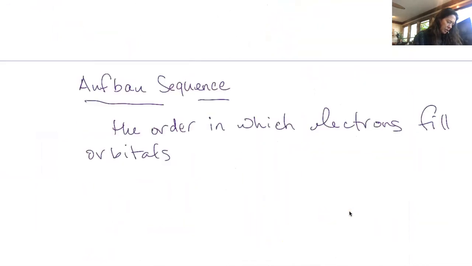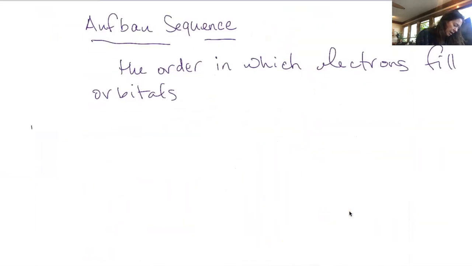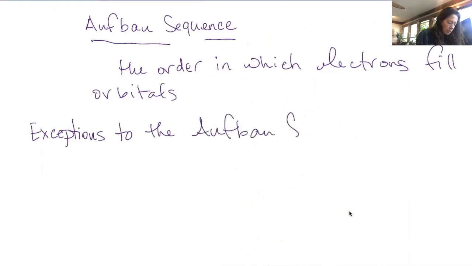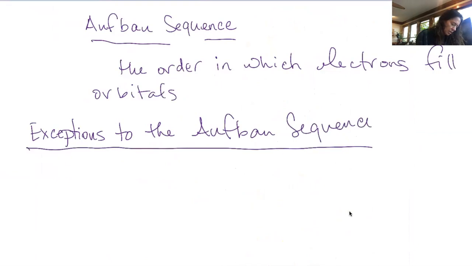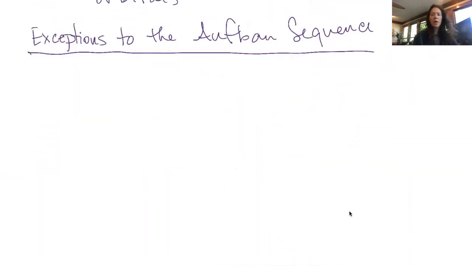Now, the next thing we're going to talk about are the exceptions to that rule. These are the exceptions to the Aufbau sequence. There are ways for scientists to measure where these electrons are located, and that's how they've figured out this information.